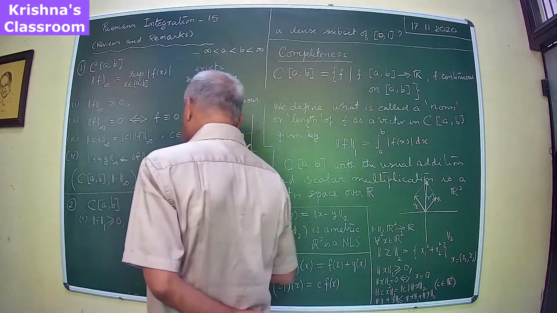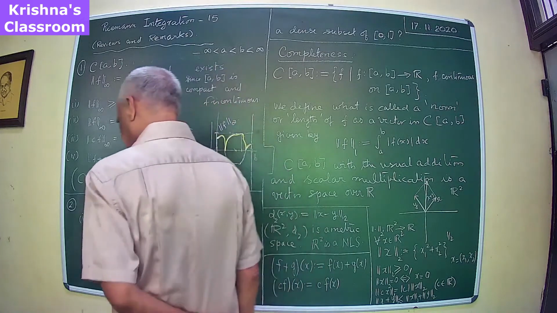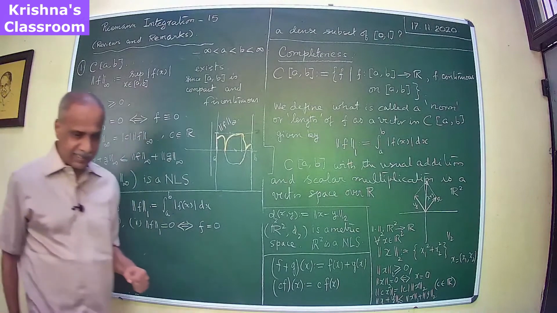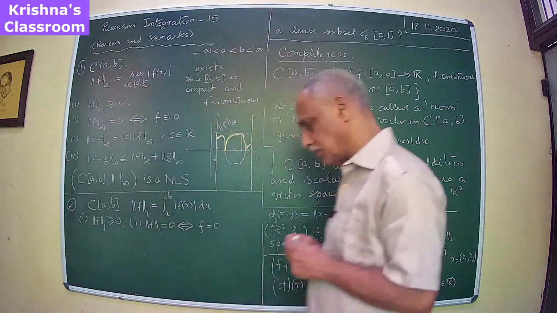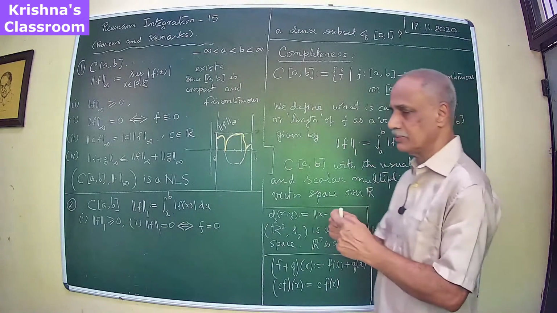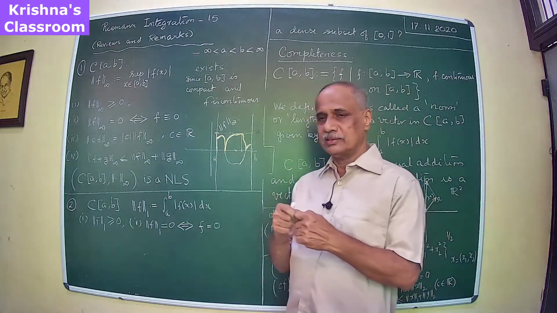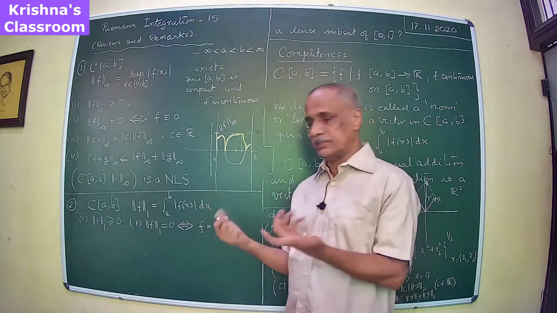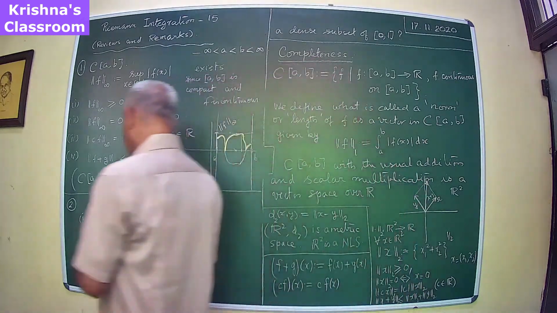So this condition is satisfied because you can prove otherwise. If the integral is 0 and |f| is not equal to 0 at a point, then you can show that the integral would fail to be 0. So that we can show.